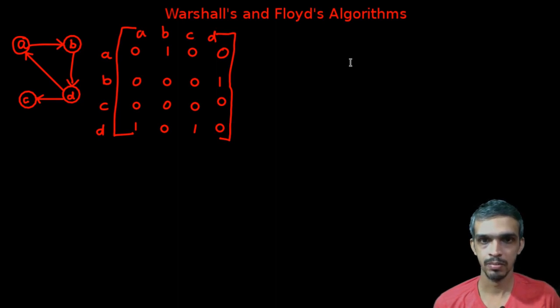In the shortest path case, we are interested in the path from one vertex to another. Remember that a path includes more than one vertex.